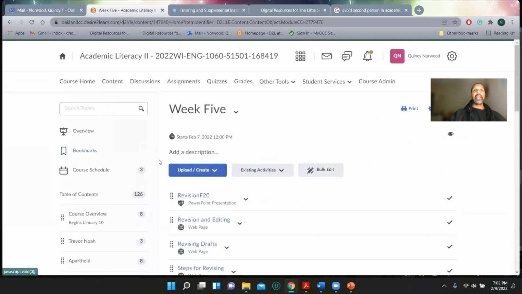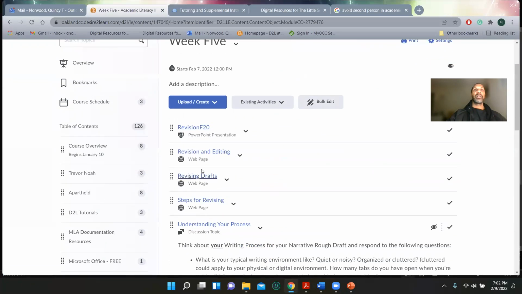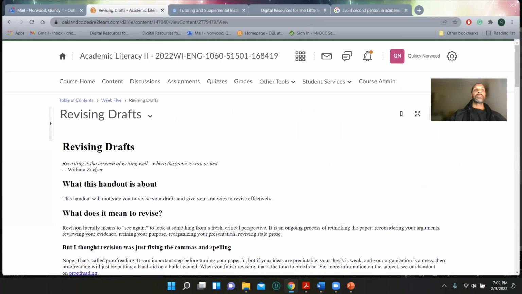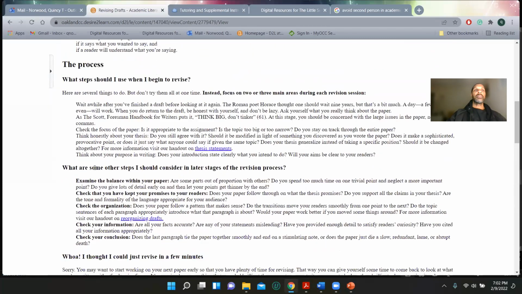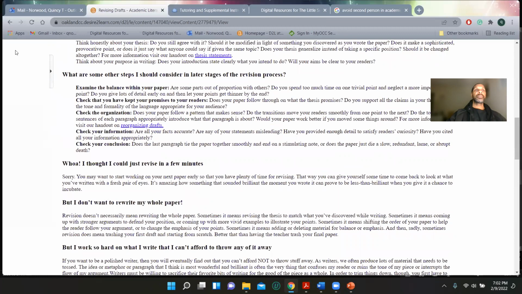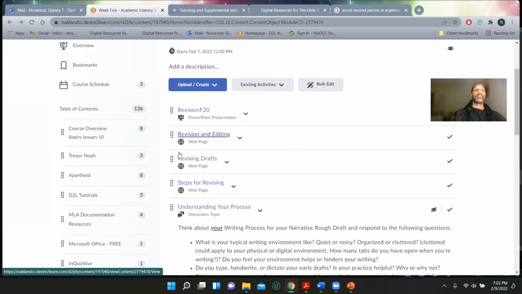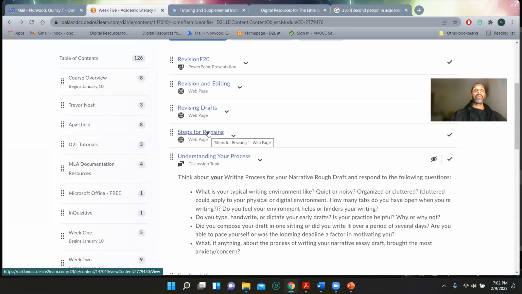Same thing with this one. More strategies for revision. Same thing. More.